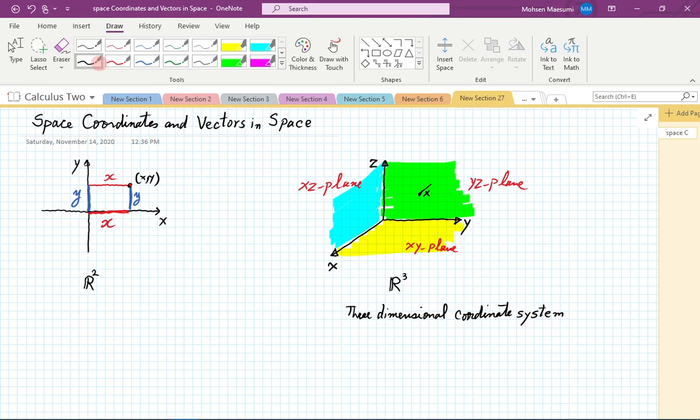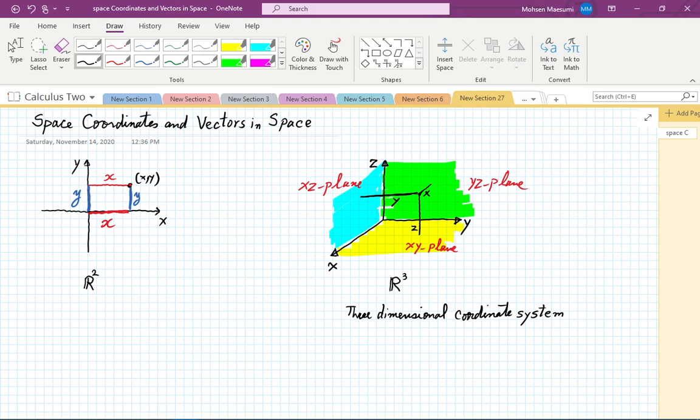If I come to the yellow floor or wall, what would that distance be? So coming from here down to the XY plane, that's going to be our z. If I go to the blue one, what would be that distance? Well, that's parallel to the y-axis, and that's going to be our y coordinate.